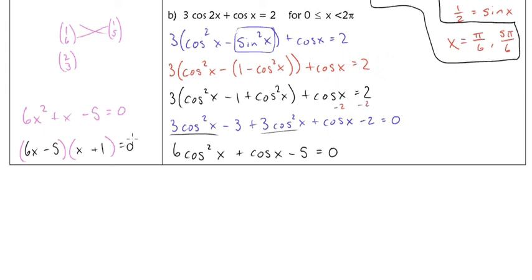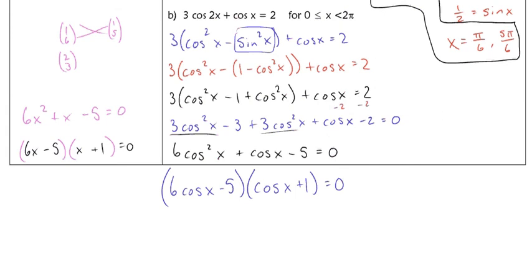So using that back in the problem, now let's reinsert the cosine of x as our x's over here, and maybe I should use y or something just to differentiate, but we're just trying to use our quadratics. And so we've got 6 cosine of x minus 5 times cosine of x plus 1 equals 0.